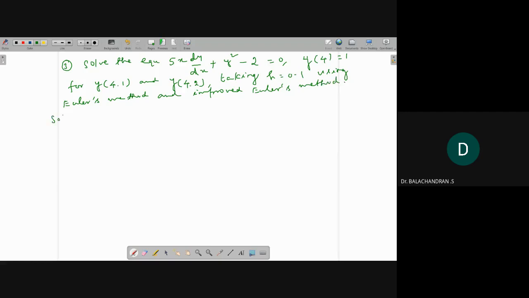This is the question. First, you need to find f of x comma y. So 5x into dy by dx is equal to 2 minus y square, so dy by dx is equal to 2 minus y square by 5x. This is f of x comma y.